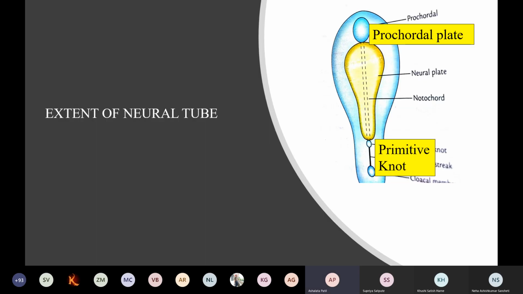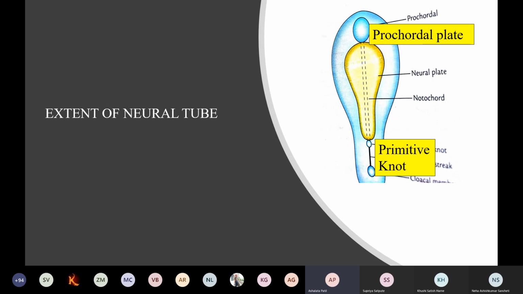So what is the extent of the neural tube? We have seen the notochord induces the formation of the neuroectoderm. So its extension is the same, extending from the primitive knot, which lies at the cranial end of the primitive streak, up to the procordal plate.